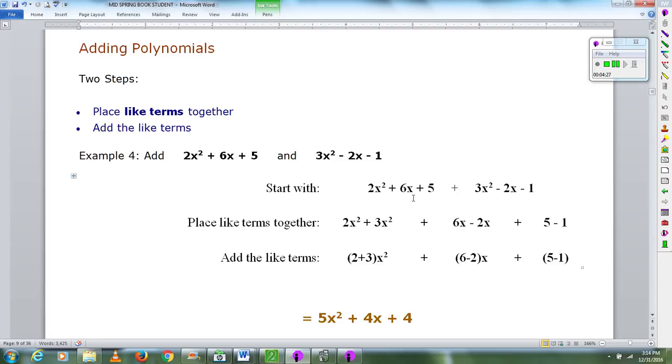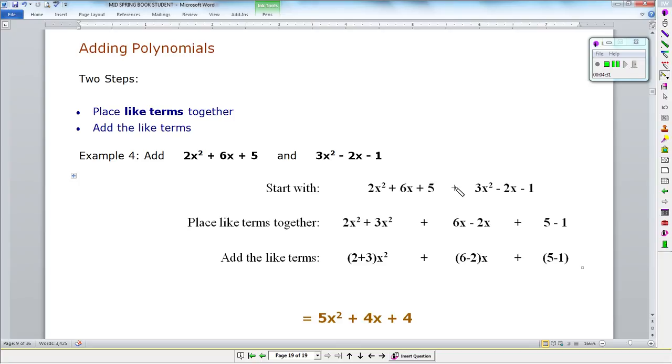First, we put the plus sign because we are trying to find the sum. We add these 2 trinomials. Next, we place the like terms together. You can see that 2x squared and 3x squared are like terms.